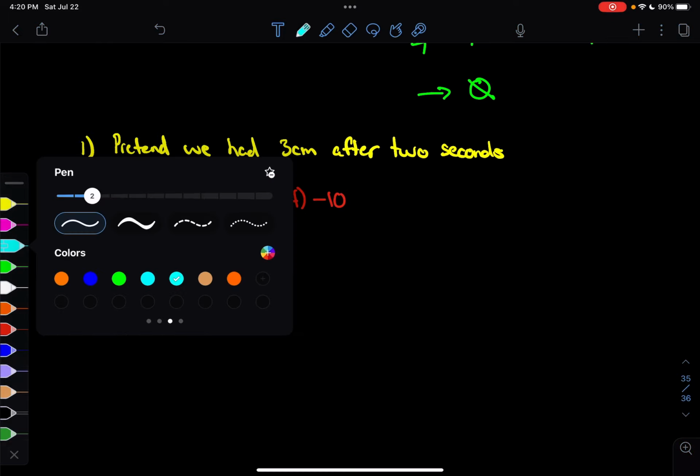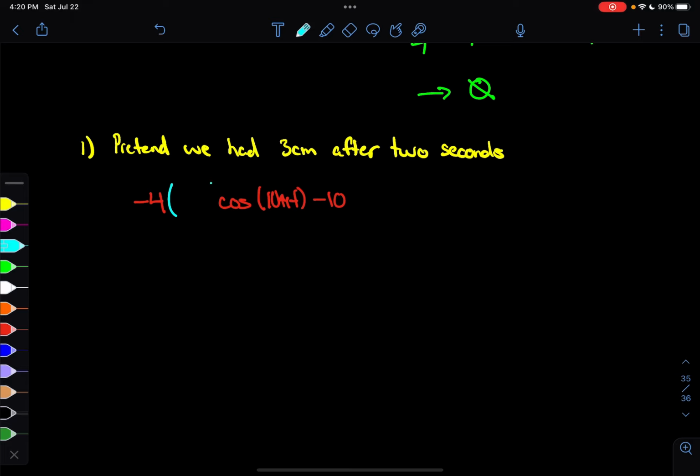What are we going to put here? Well, we still have 3/4 of what we started with, but do I just put t? That indicates that every single second, when t is 1, t is 2, t is 3, we're losing 25% of our amplitude, or another way of saying that is we only have 75% of it left.